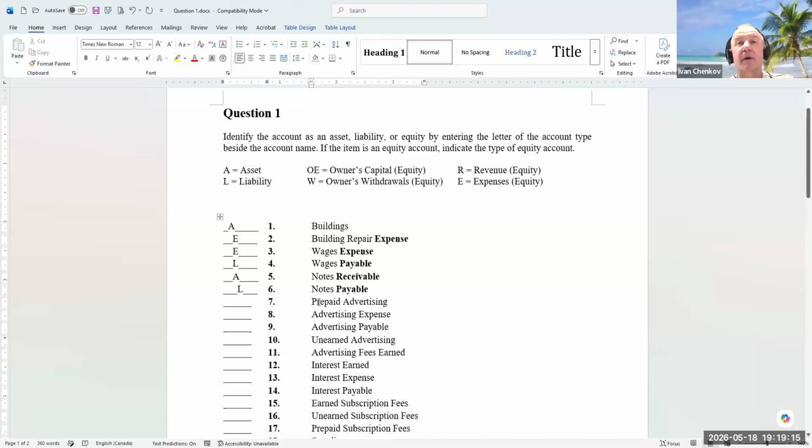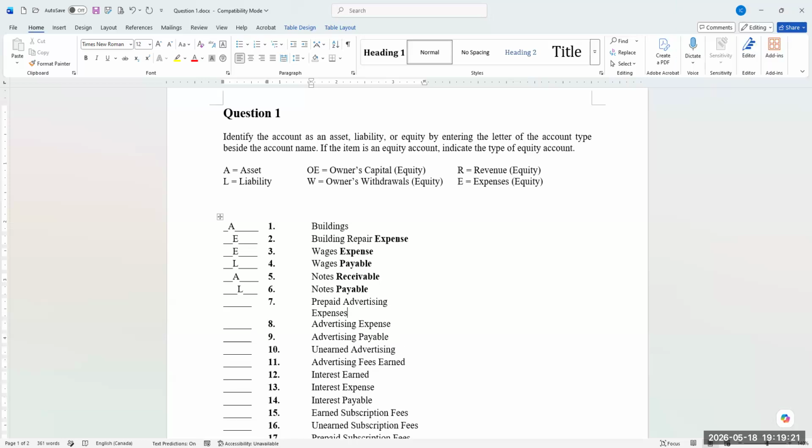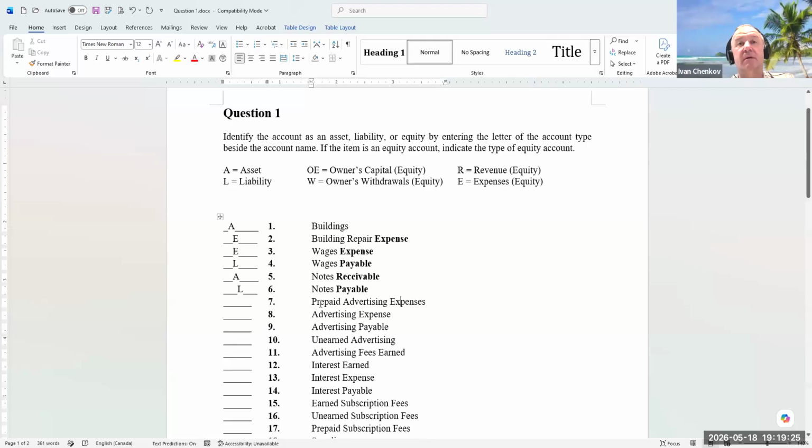Let's see now. Prepaid advertising, I'm going to add here expenses. Asset. That will be asset. Why will it be asset? Because when we prepay, now this is the key here, prepaying the expense means we pay in advance, but we haven't used the expense yet.